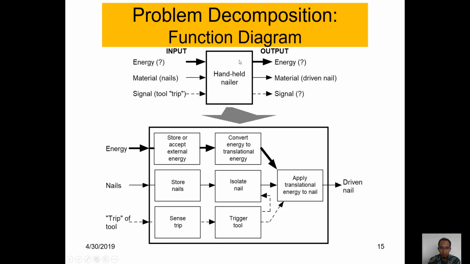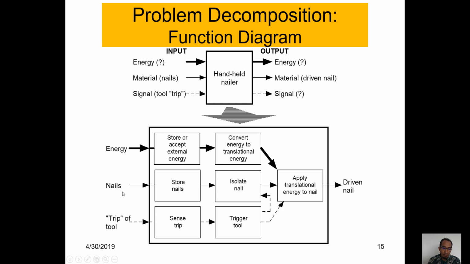If we zoom in on the handheld nailer, on the energy side, for example, we have a mechanism to store or accept external energy and convert this energy into translational energy, or movement, and then apply that translational energy to the nail, and the outcome will be the driven nail.